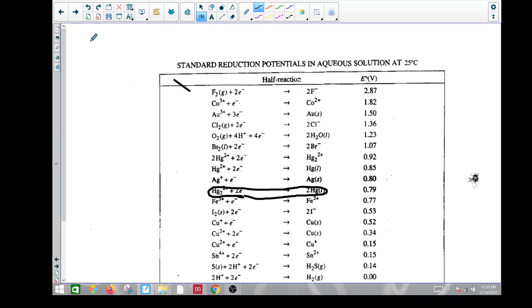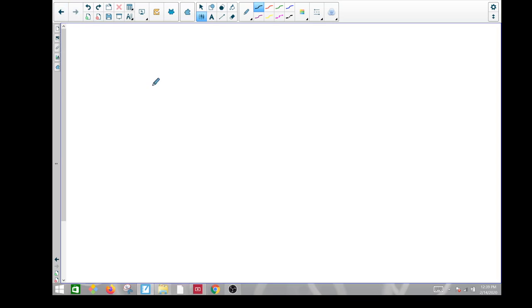A pretty common example might be copper metal plus zinc 2 plus. Now they're going to exchange and produce copper 2 plus plus zinc metal.